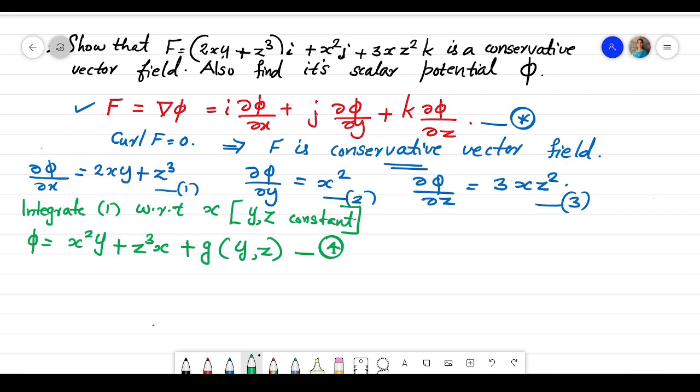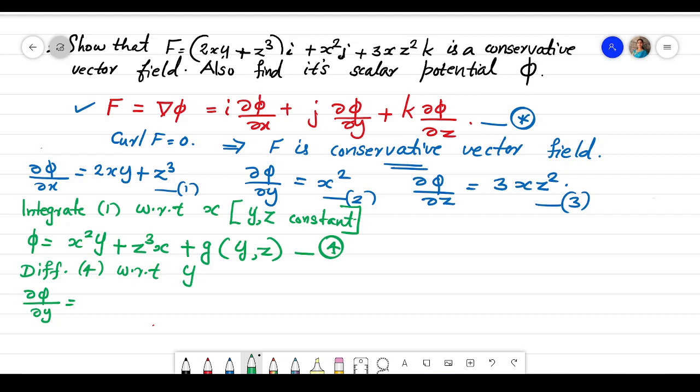Okay, now we can consider the differentiation of equation number 4. Differentiate equation number 4 with respect to y. So what is dou phi by dou y now?